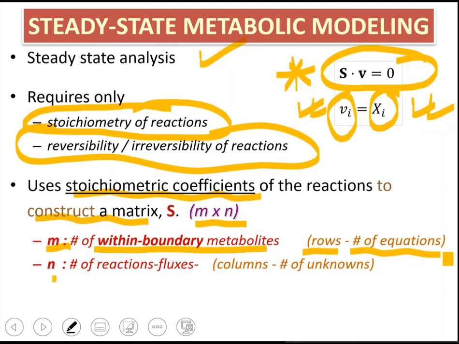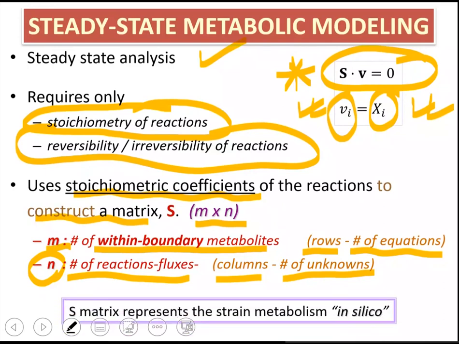And n, on the other hand, is the number of columns, the number of unknowns, or the number of reaction rates. So the S matrix indeed is a representation of the metabolism of your organism in silico, in computer.